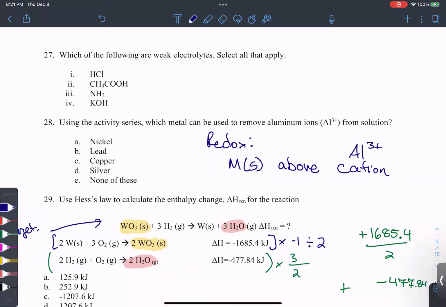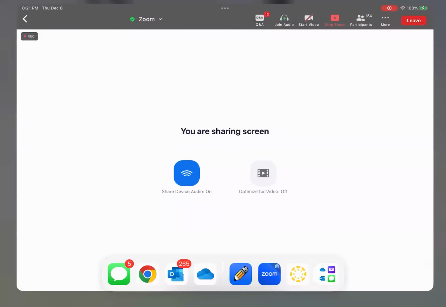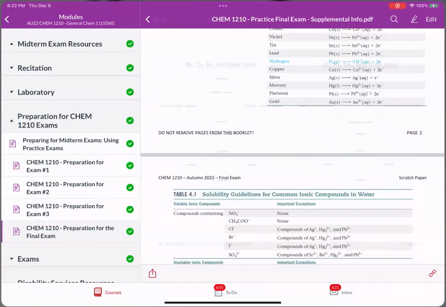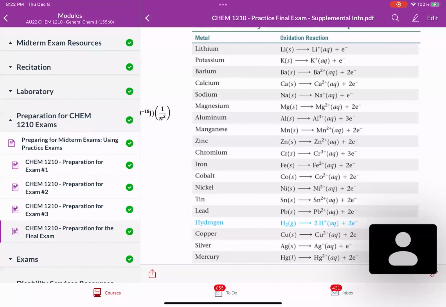So we need to look at the activity series and find the substance that's above aluminum 3+. So, where is it? You locate where aluminum is.